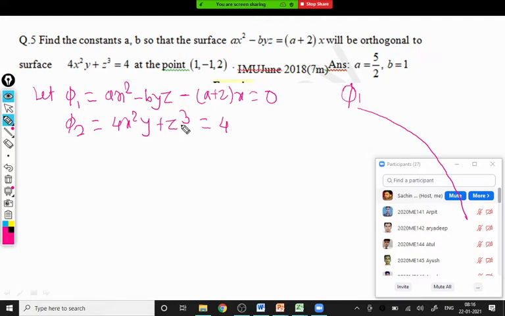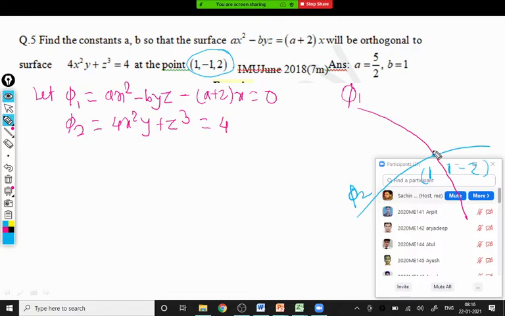So let me say this is a front view, or cross section, of the surface phi 1, and say this is the surface phi 2. Let me say this point is on both the surfaces. So (1, -1, 2) is this point.